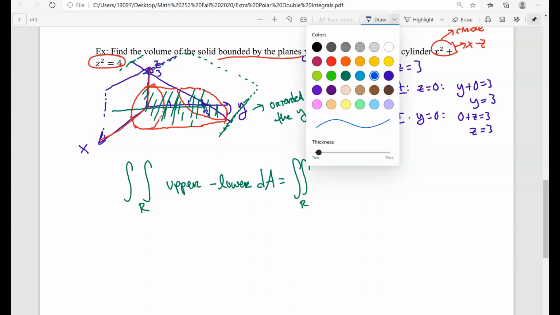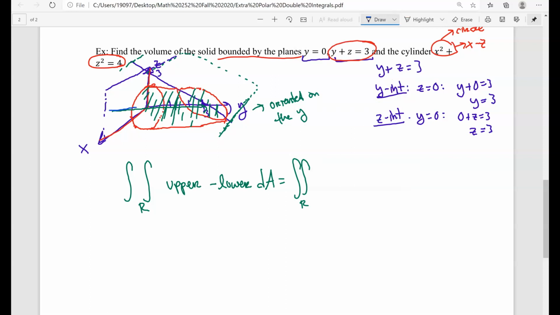What's going to happen is that I'm slicing through the first plane, which is y equals 0, all the way to the very top, which is going to be this plane. So the last graph that it hits is actually this plane. So let me just draw it like this. This is the last graph that it's hitting. This is where it's stopping.